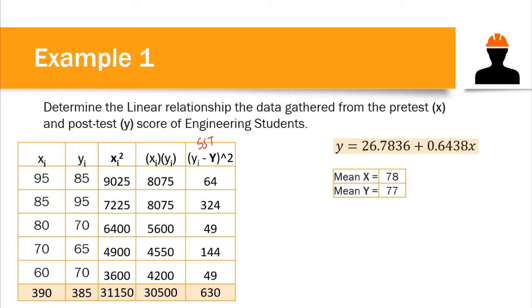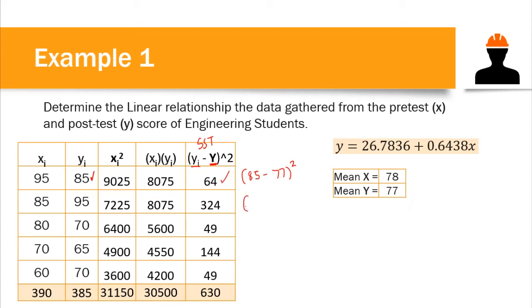We have yi, the value of the post-test, minus bold y, which is the mean. Let's say for the first row, we have 85 minus the mean. The mean is 77, then squared, then we get 64.